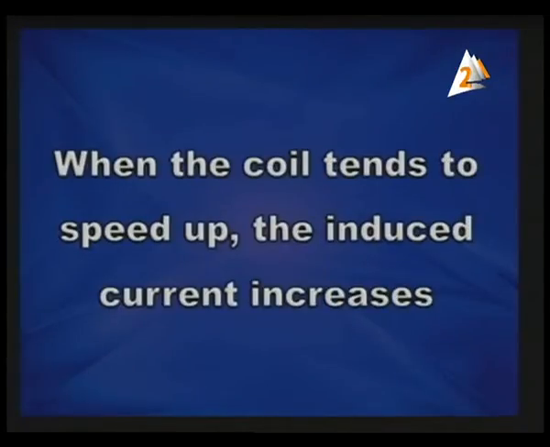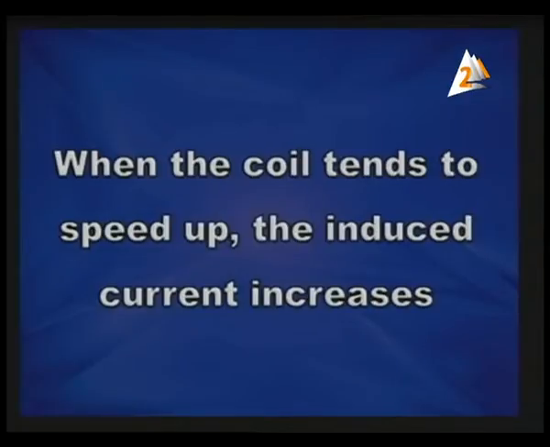When the coil tends to speed up, what happens? The rate of cutting of the magnetic flux increases, and of course the EMF induced will be increased, and so does the induced current.